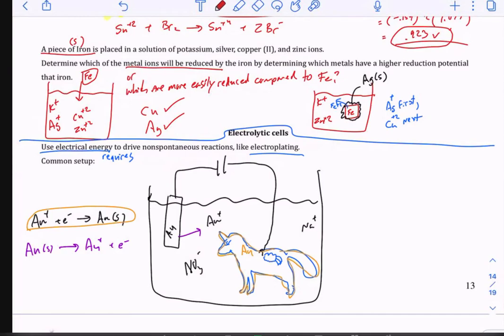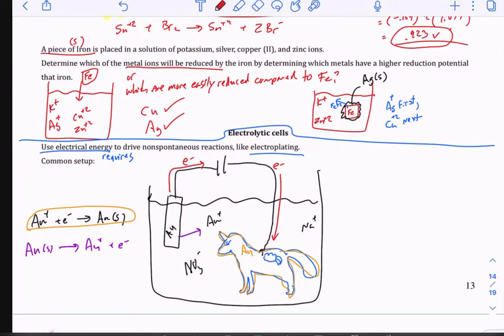Which means we need it to be reduced. So electrons have to be sent towards the pony to reduce the gold ions into solid. And the electrons are being actively pulled by the complete circuit of the power source so that the gold solid can be oxidized and turn into ions.